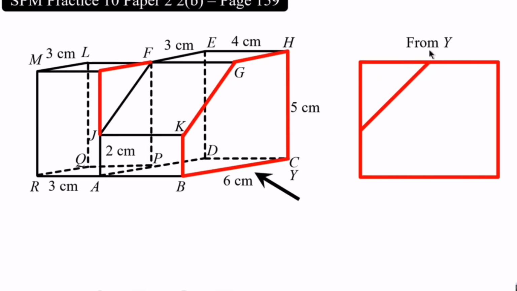So you have to measure exactly, okay. And then this one should be how many centimeter? 3 centimeter, right? That's F to E because you are viewing from Y. And actually, you just measure your 2 centimeter from the ground, so 2 centimeter from the ground, so you will see the line there.